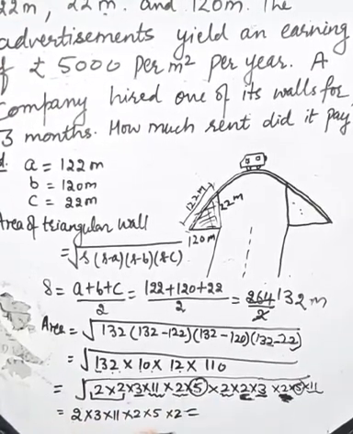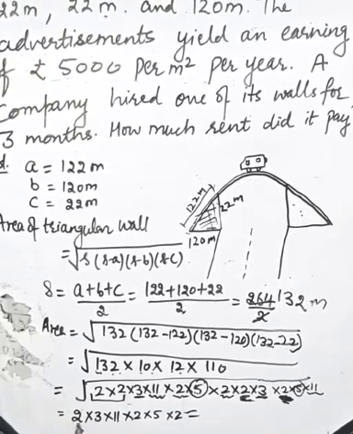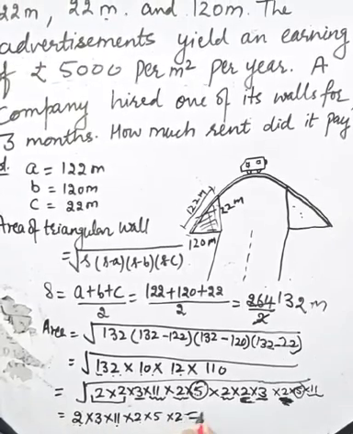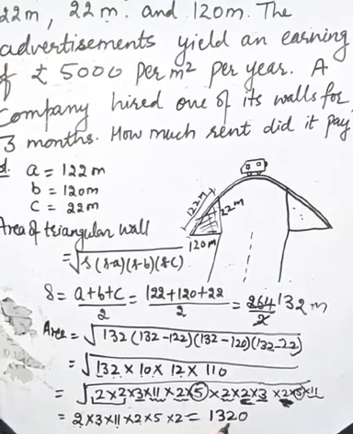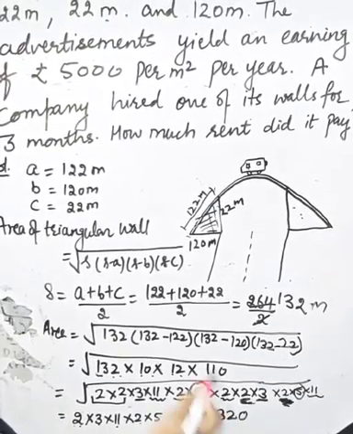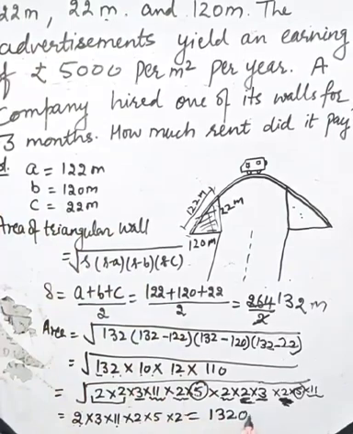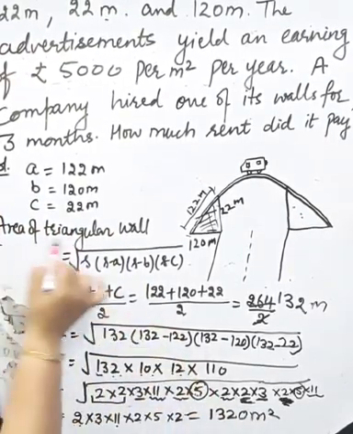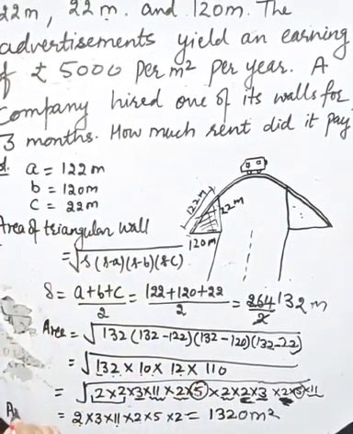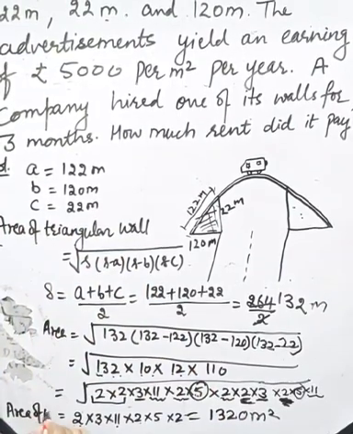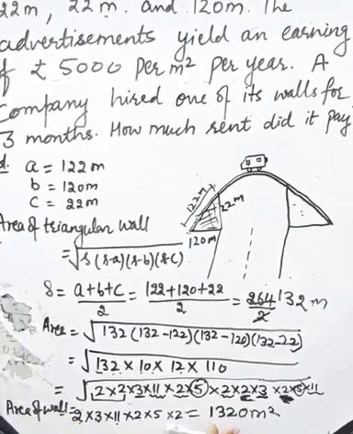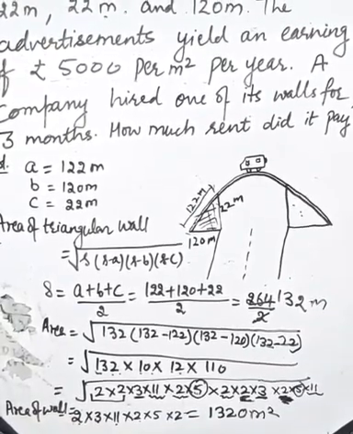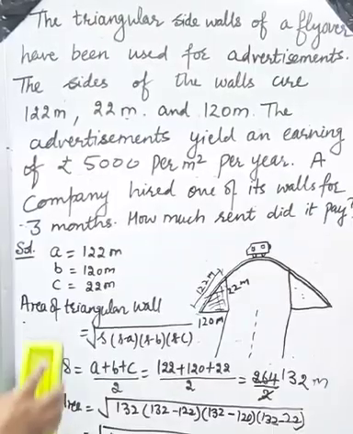Now multiply all these numbers. After multiplying, the product will equal 1320 meter square. Therefore the area of this triangular wall equals 1320 meter square.